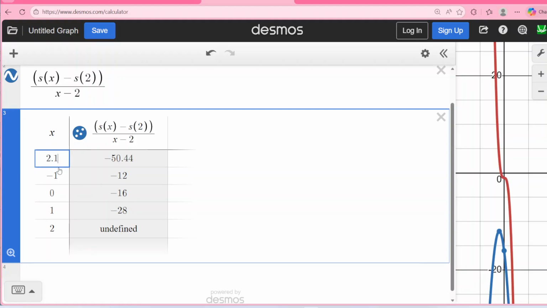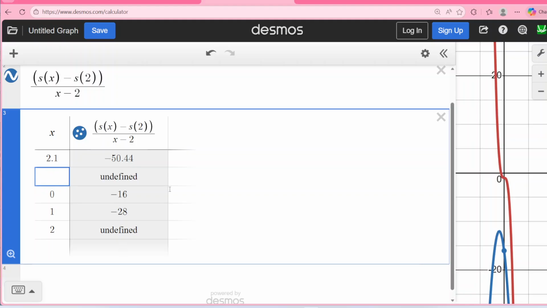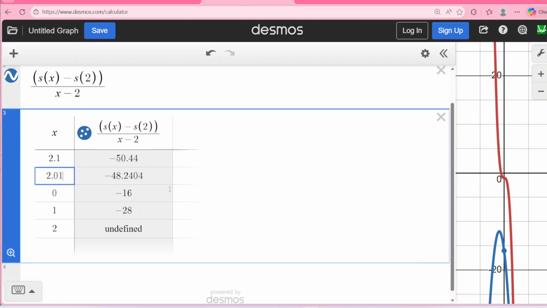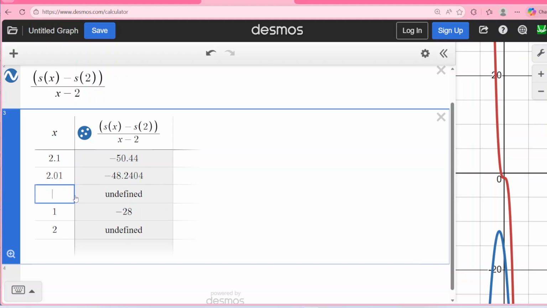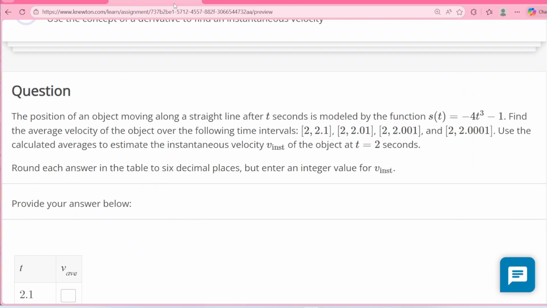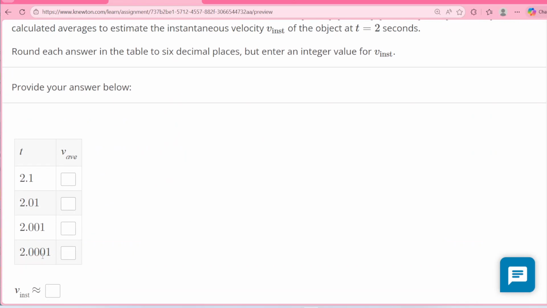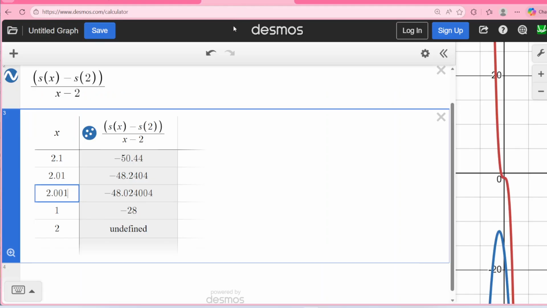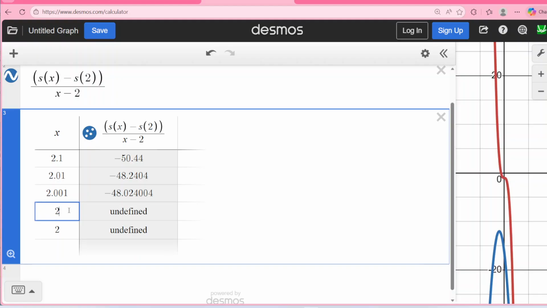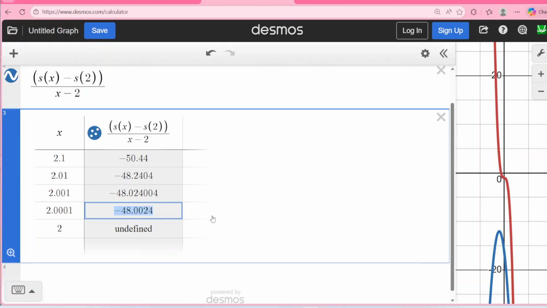So 2.1, they say go to 6 decimal places, yikes. Then 2.01, and then from 2 seconds to 2.001, and I think they go all the way down to 2.0001, 2 and 1/10,000th of a second. So 2.0001. All right, I hope these are good too.